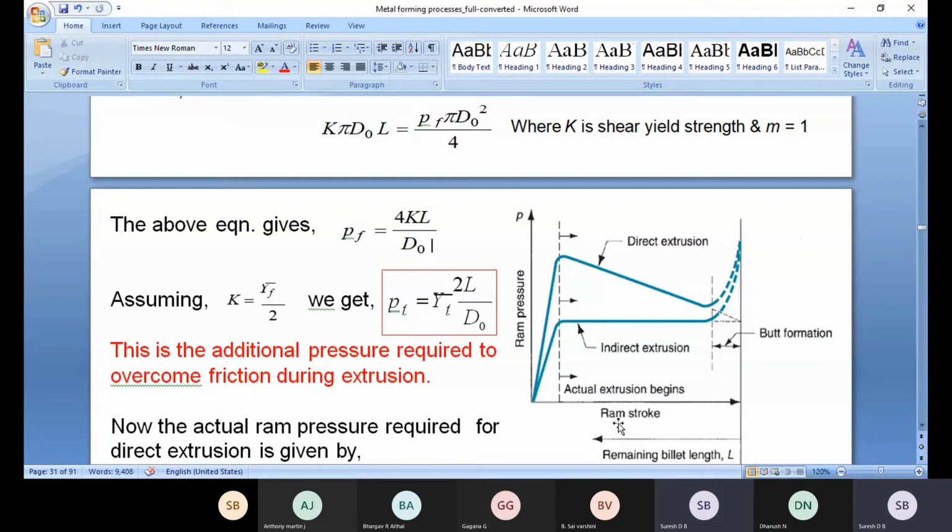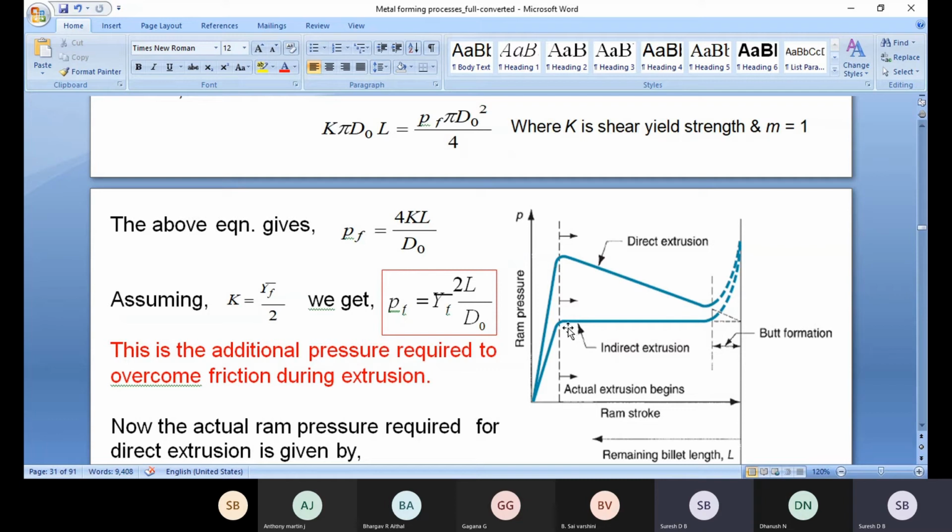Suppose there is a 10 mm distance of billet. Okay, the ram moves 10 mm towards the rightward direction in the direct extrusion process as well as the indirect extrusion process. In that case, in the direct extrusion process, maximum force or maximum load is required even without deformation. Okay, once you apply the force or load inside the container, maximum force or maximum load is required.